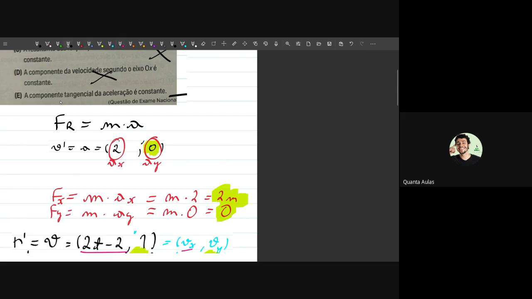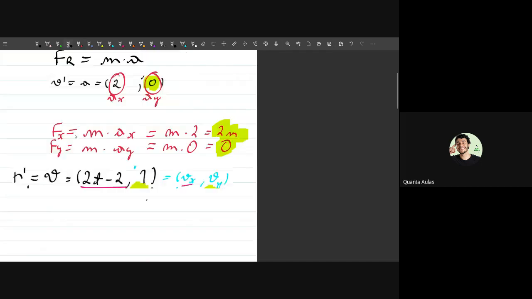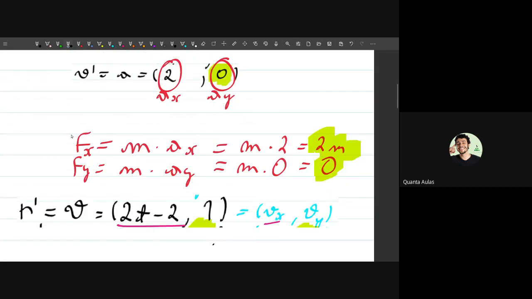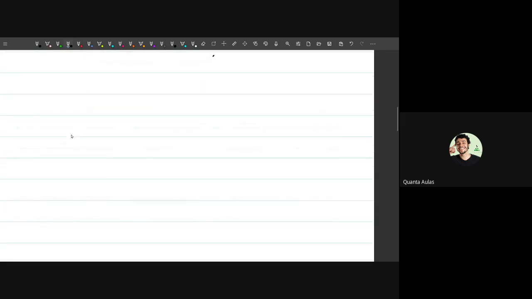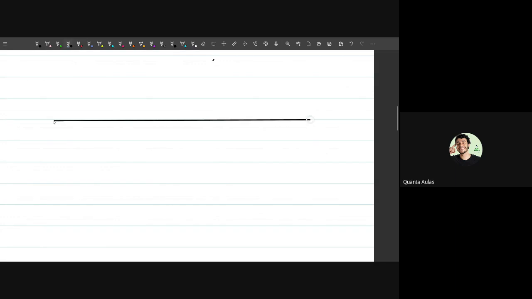The tangential component of the acceleration is constant. The tangential component is the component of the movement, just like how it moves. How can I say this? For example, you have this. This is our particle.